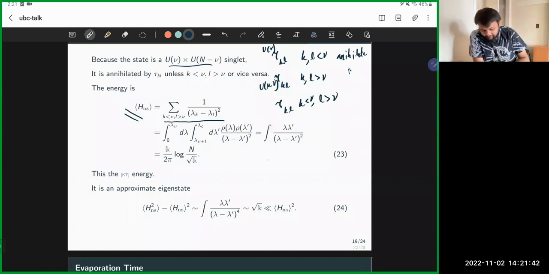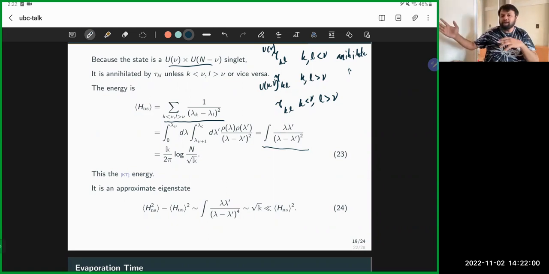Anyway, there's some integrals. I just wanted to show you the simplicity of the calculation here. The point is you get this integral, and this integral has a log divergence. Okay, and so this log is interesting because it has a divergence of the IR as well as the UV.